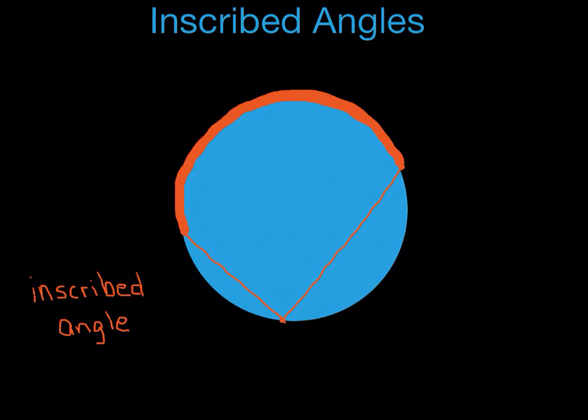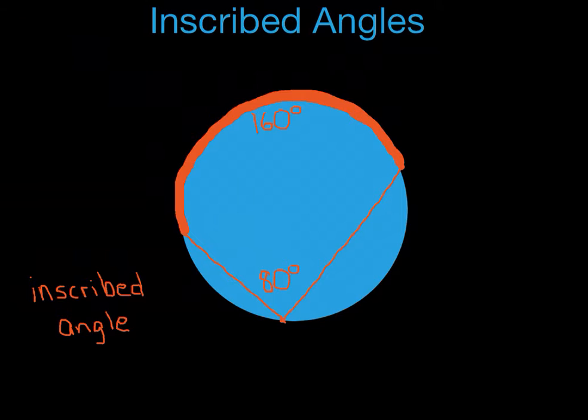So, for example, if the inscribed angle is 80 degrees, the intercepted arc up here is twice as big. So the intercepted arc would be 160 degrees.